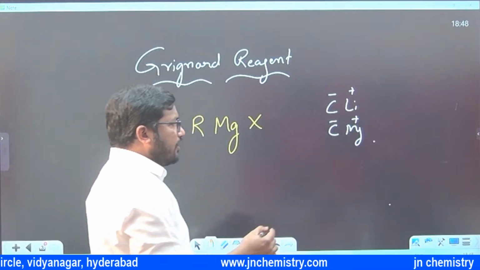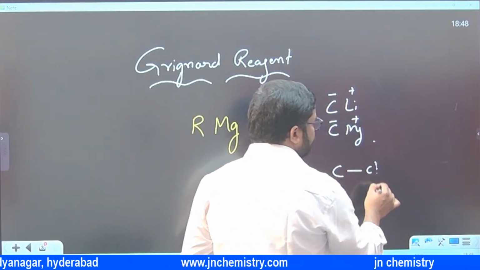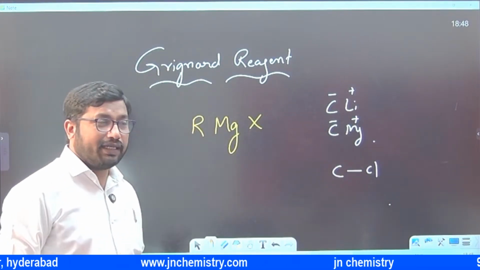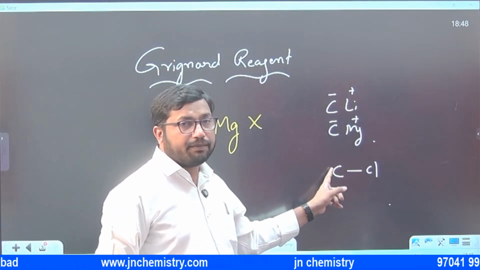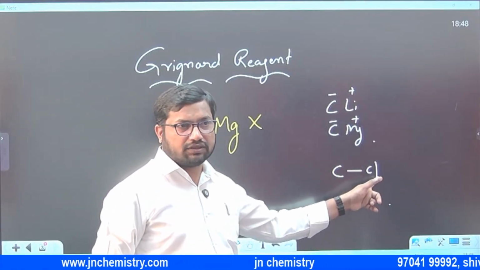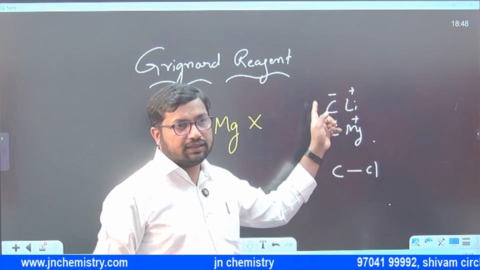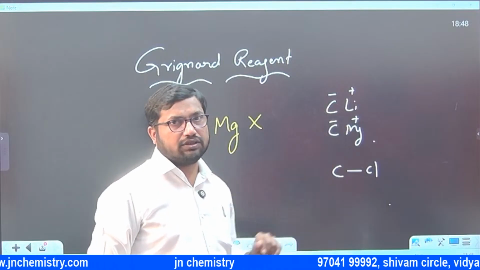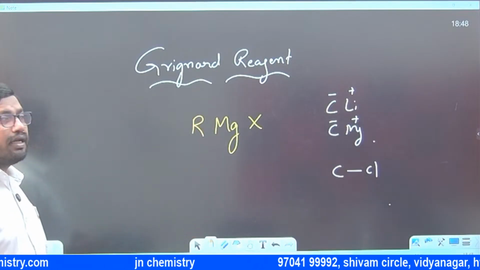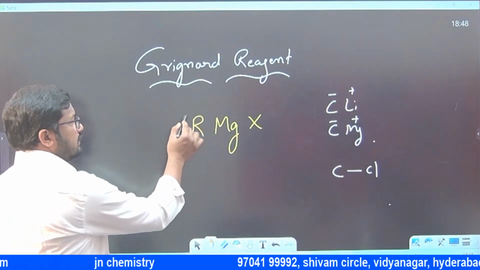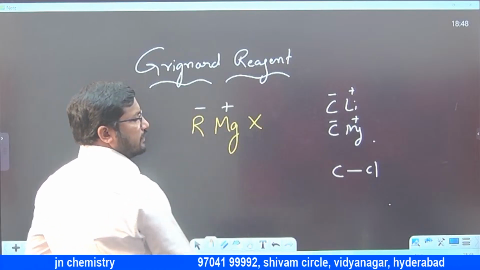For example, if carbon is attached with more electronegative atoms like chlorine or anything, C will get positive charge, chlorine will get the negative charge. But whereas in this case, C will get negative charge. So particularly RMgX, that is R minus MgX plus.